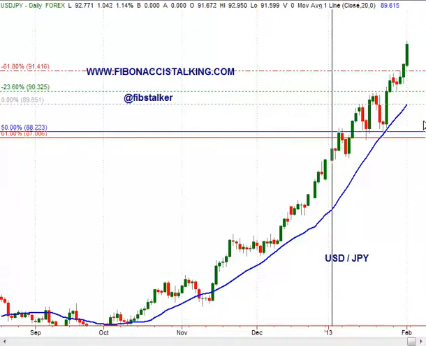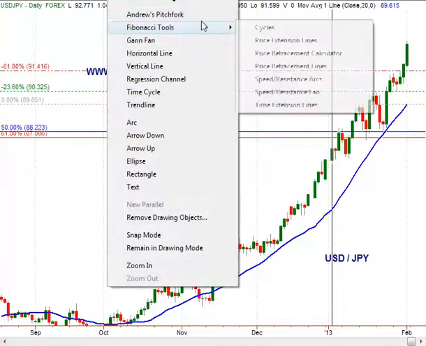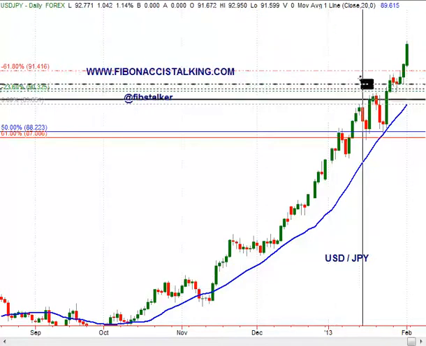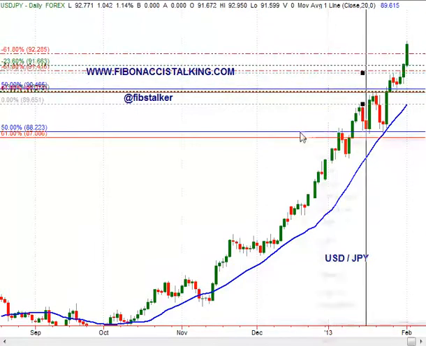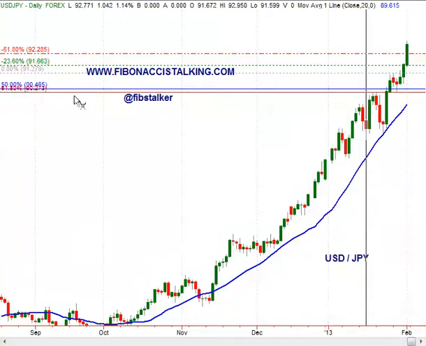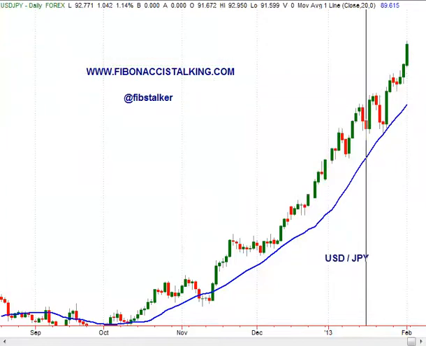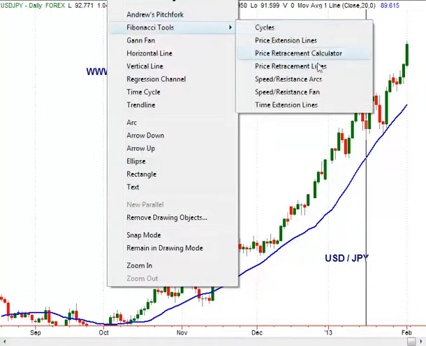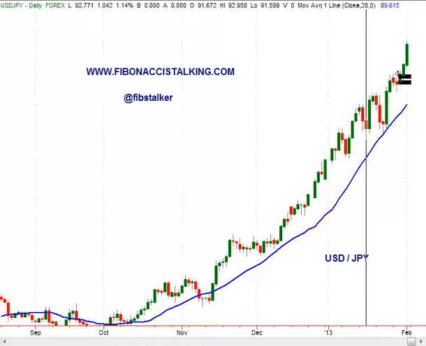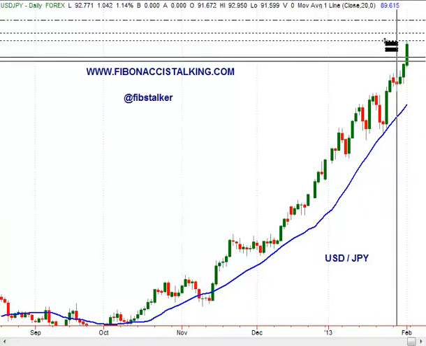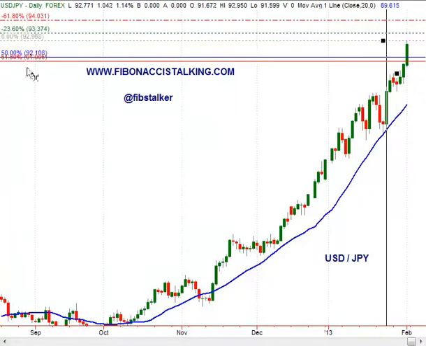So what I can see here at the moment is an extension higher on the daily chart, and this hit the first and second target. As we can see, we had support in the 90.40 area here, and we hit 91.60 and 92.20. Now, if this sequence of moves continues higher, I would expect support next week if we get a little bit of weakness here into the 92.10, 92.20 area.